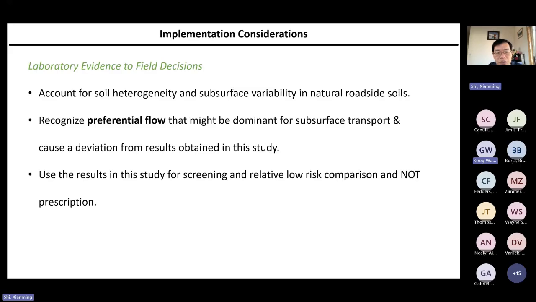And also use the results in this study for screening and relative low-risk comparison, but not for prescription, because again, for the site-specific conditions, you need to test that specific soil and take other factors into consideration.